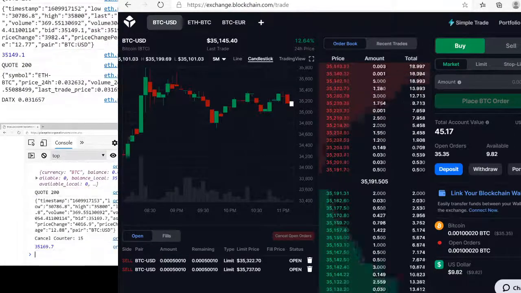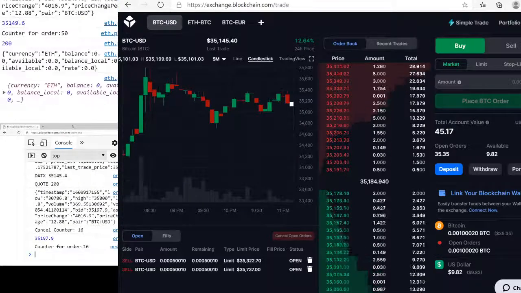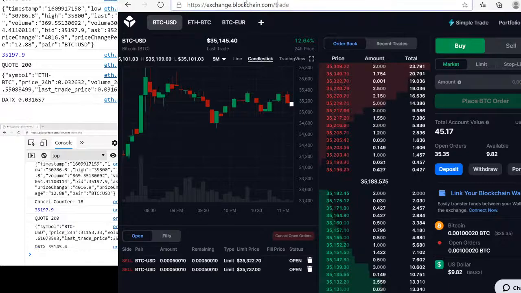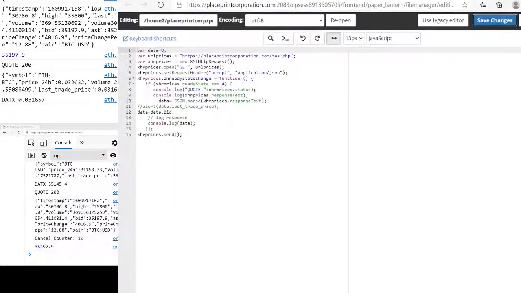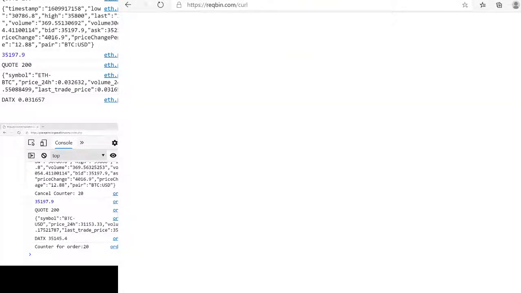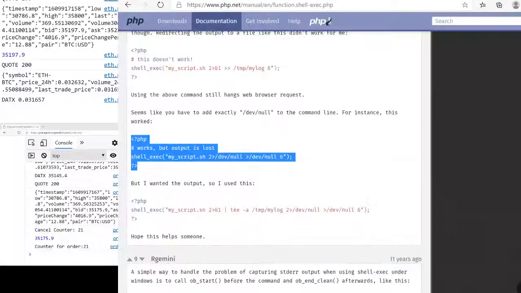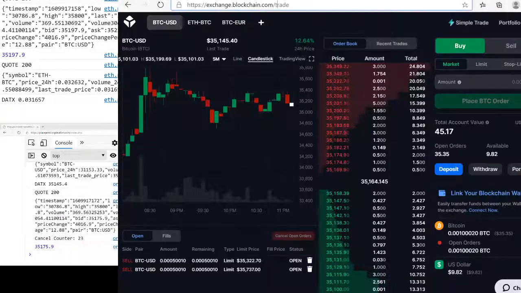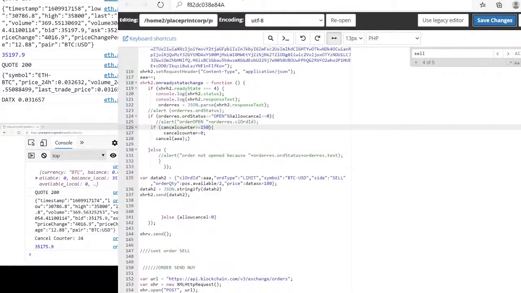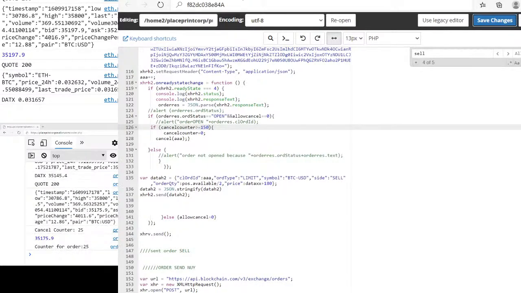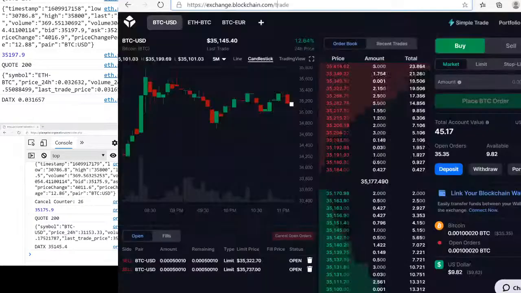Okay, there she is. So there's the Bitcoin algo. So again, let's get back into testing. We can get rid of ether. We don't need that right now. So let's watch this while I take a drink of something.